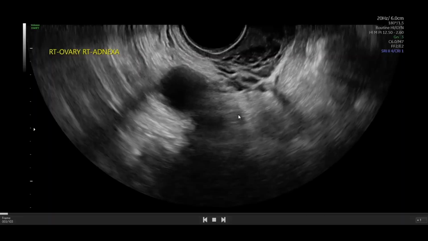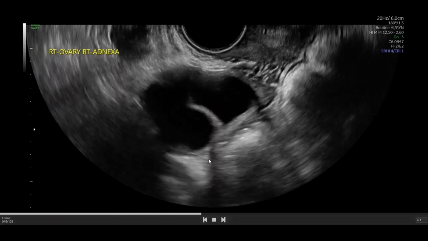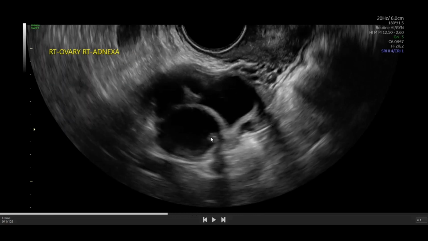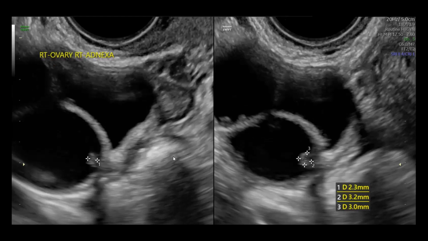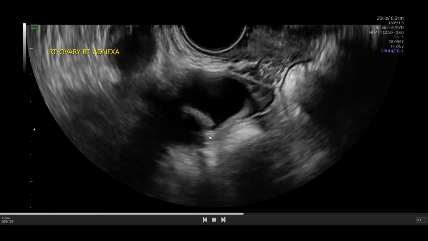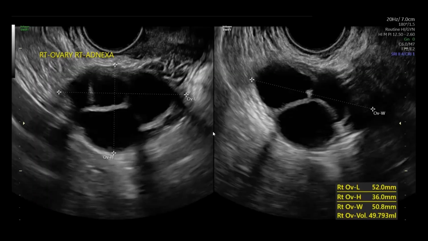This is our sag view here. So this is a sweep through sag, which means that this here is going to be our length. And that would be measure 1, our length, and this is going to be our width. So in transverse, we were going to sweep through this. This might be at the other aspect of that ovarian cyst.